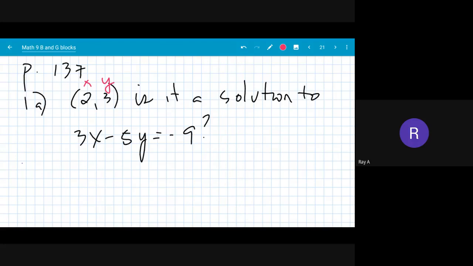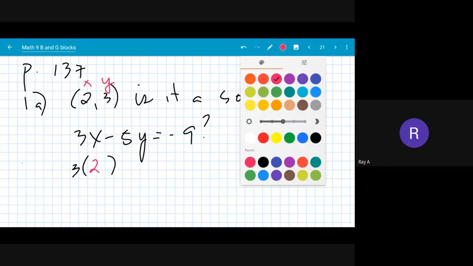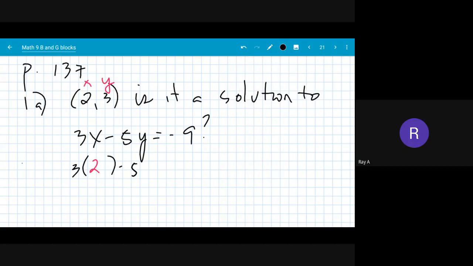Your value for x is 2, your value for y is 3. So what are you going to do? You're going to replace the x and y with those two values. So 3 times 2. Where did the 2 come from? That is the x value in the ordered pair given. Minus 5 times, what is the y value? 3. Where did that come from? That is the y value given in the ordered pair.